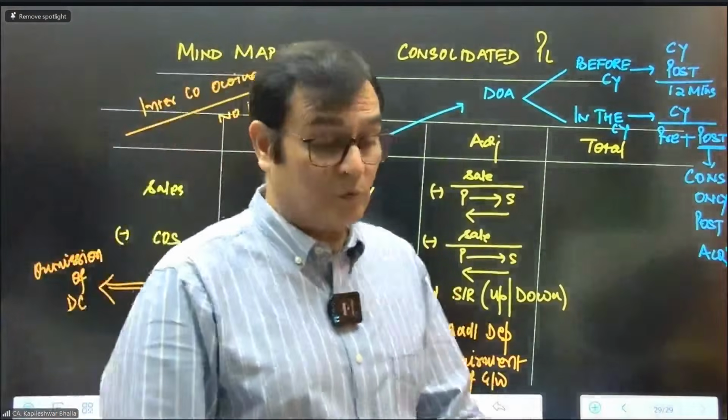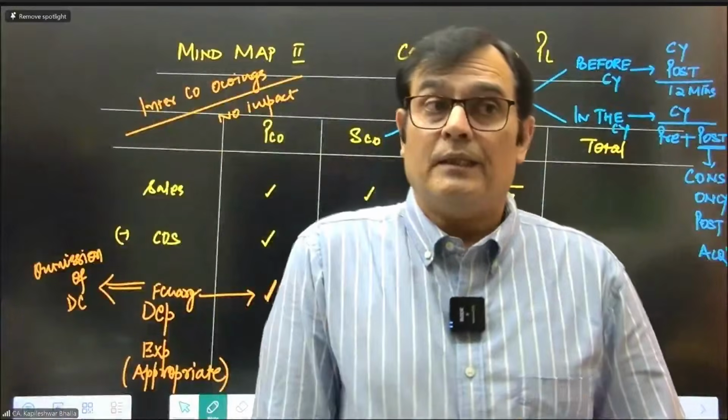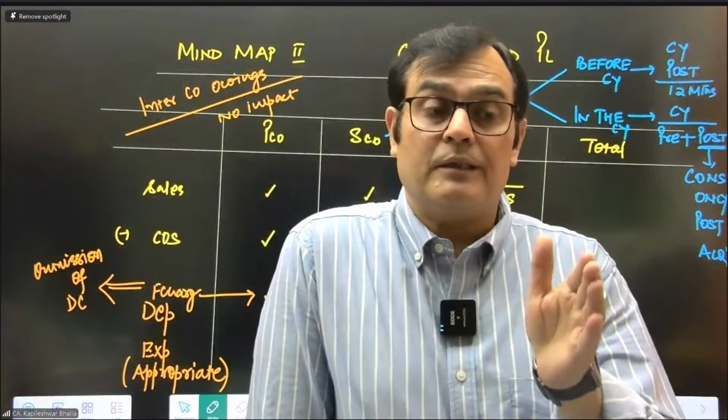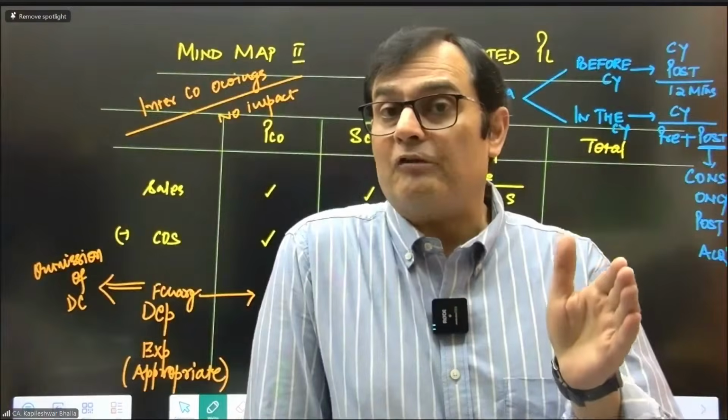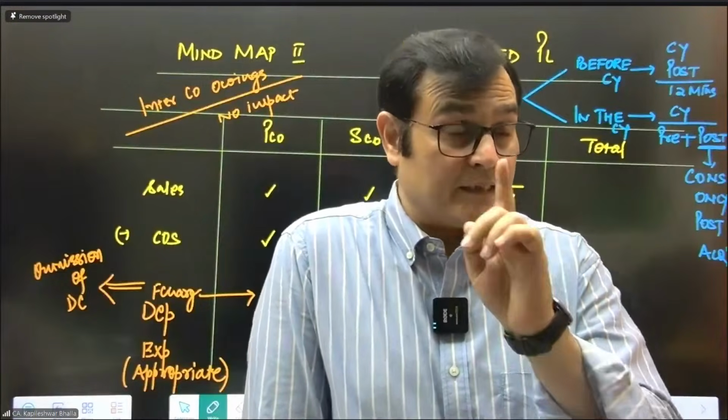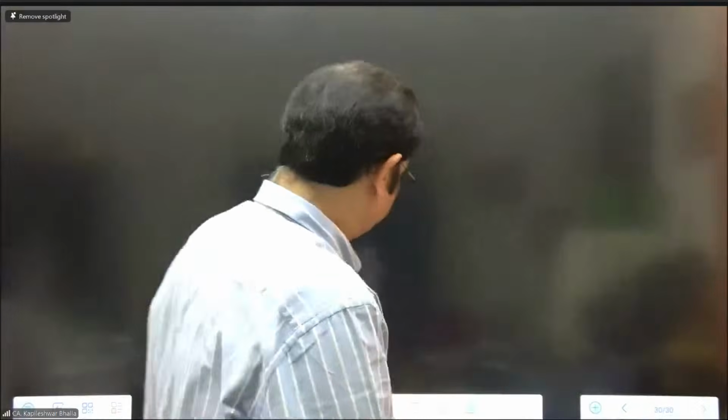But one of the most important elements, once you have made your consolidated P&L, is you need to consider the split between what is attributable to the parent and what is attributable to the NCI. So that's another area of caution.